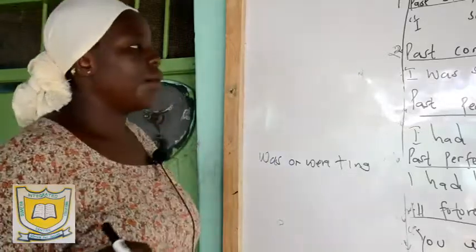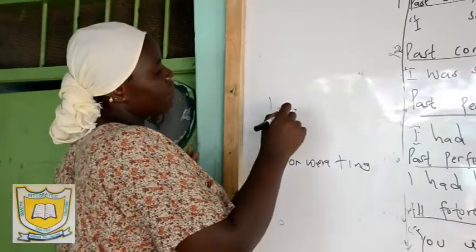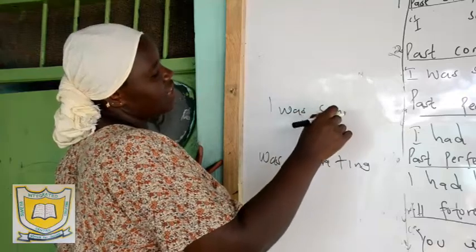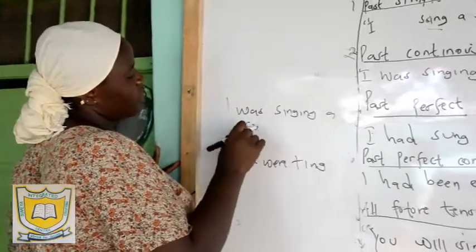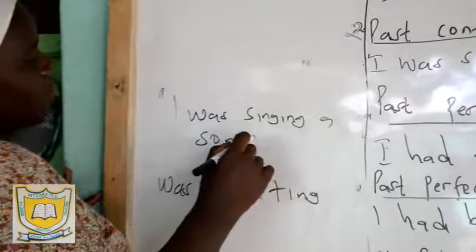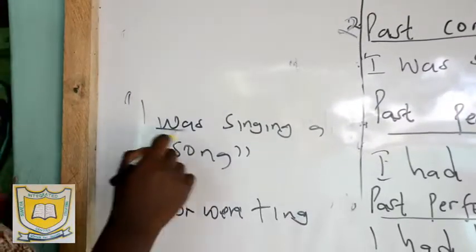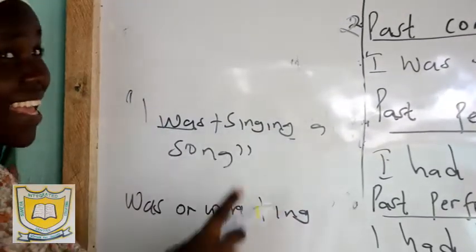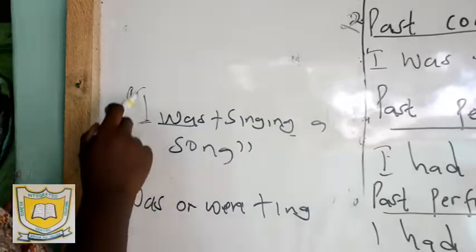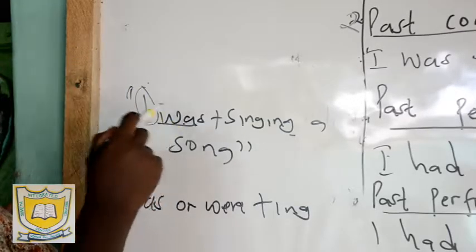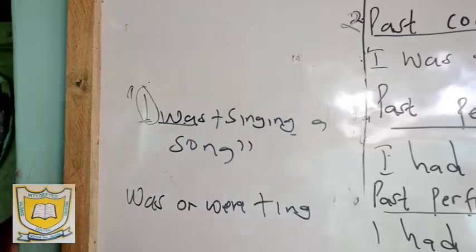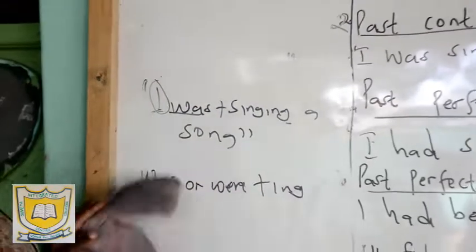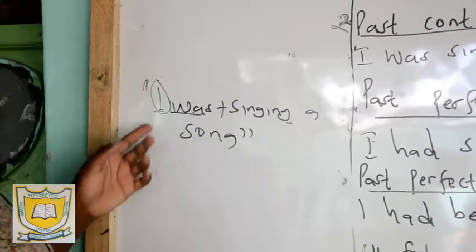For example, I'm going to say I was singing a song. So this is my direct speech, and then I'm having was plus ing, and I is singular, so I'm using was, but if it is plural you use were. So you say I was singing a song.